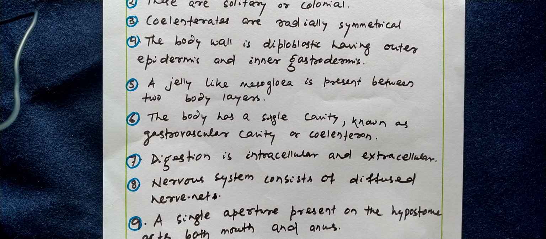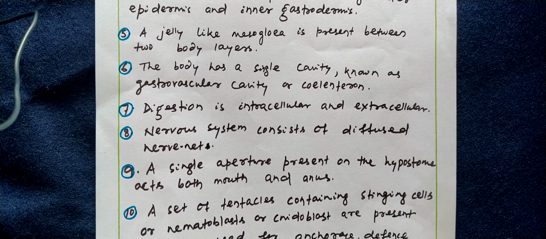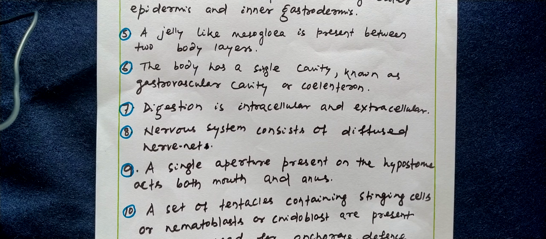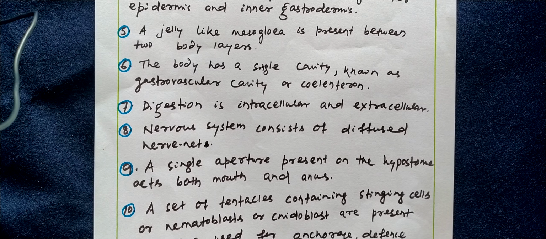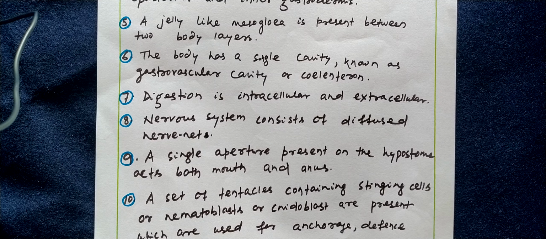Digestion is intracellular and extracellular. Nervous system consists of diffused nerve nets. A single aperture present on the hypostome acts as both mouth and anus, which helps in ingestion and egestion.